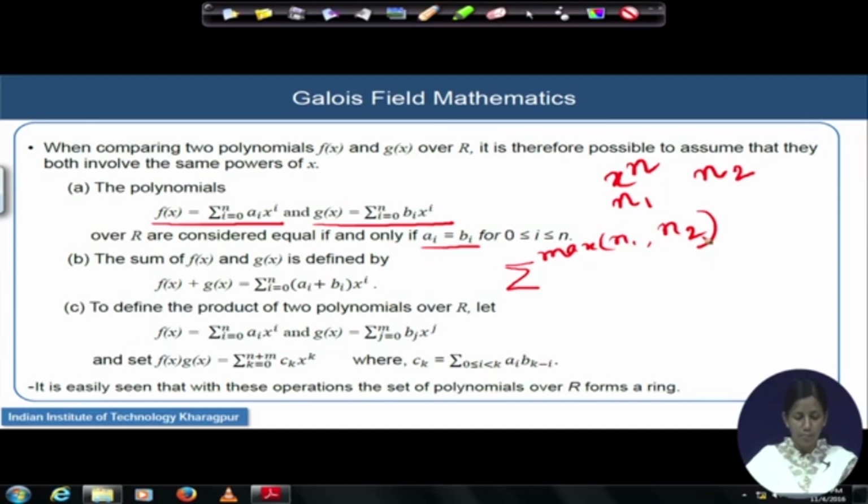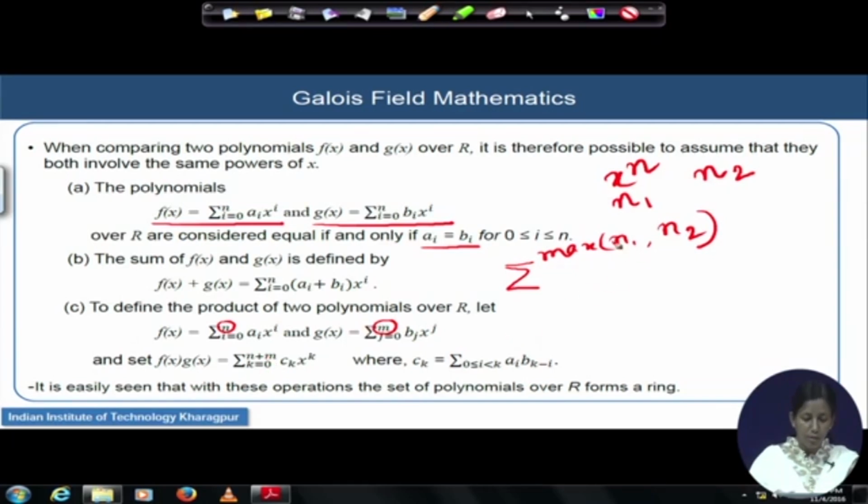To define the product of two polynomials, we will start with the same structure. If f(x) goes up to n, and g(x) is running up to the value of m, then the product will go up to n plus m.